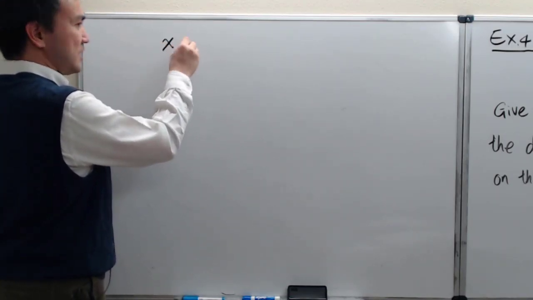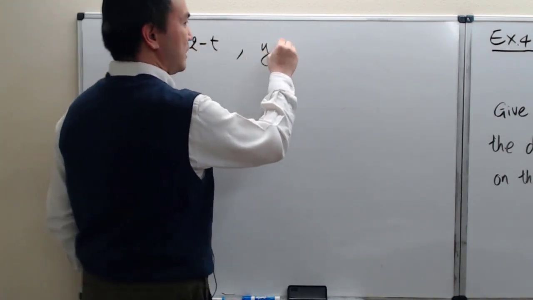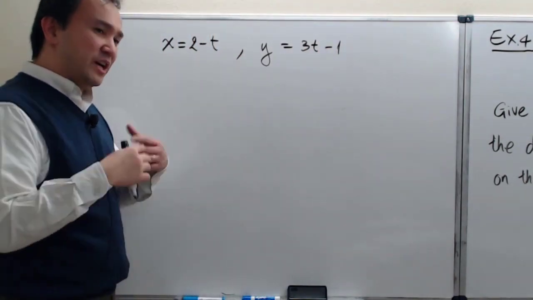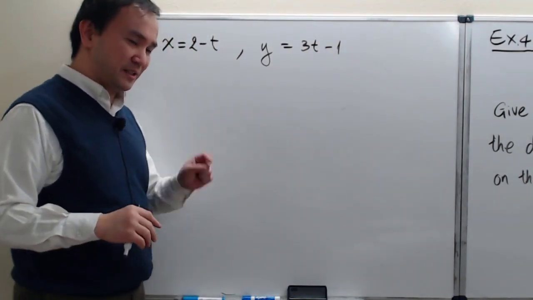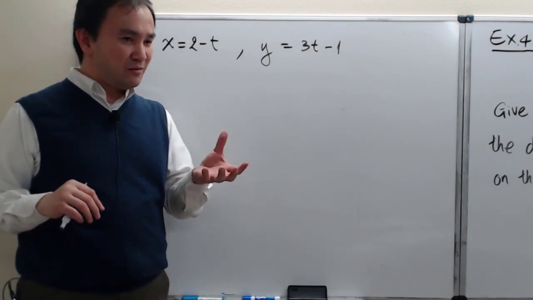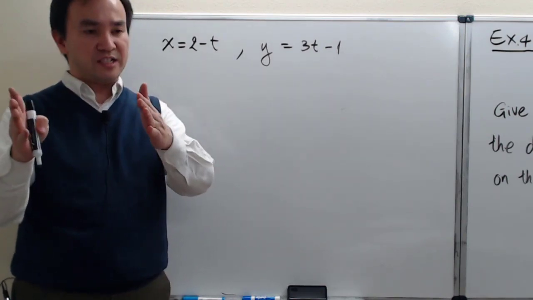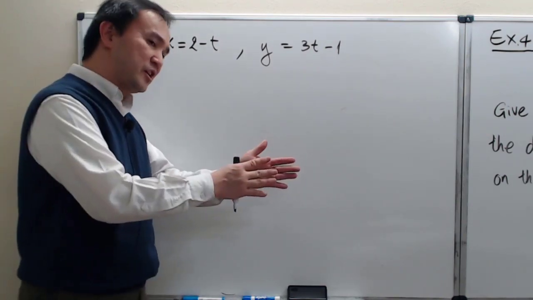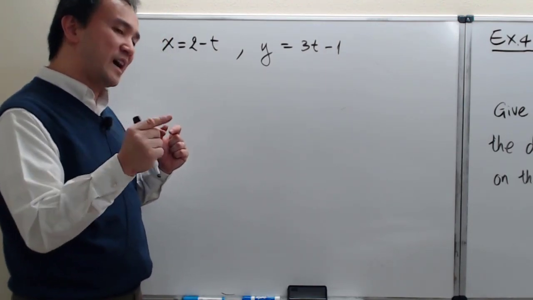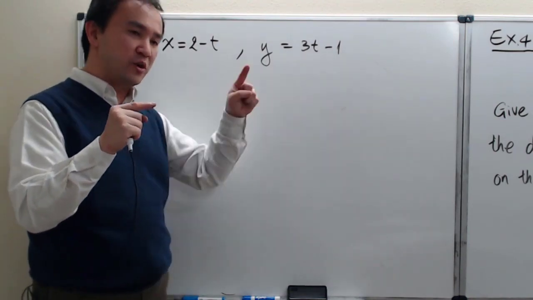So x equals 2 minus t and y equals 3t minus 1. We can quickly find out what path this is. The whole reason for walking you through example 3 is that sometimes, with your skill of being able to write a set of parametric equations as a Cartesian equation, you can quickly determine what kind of path your pair of parametric equations will go into.